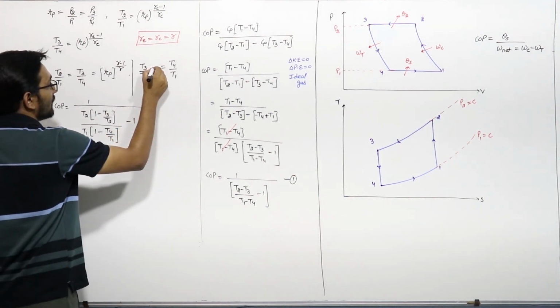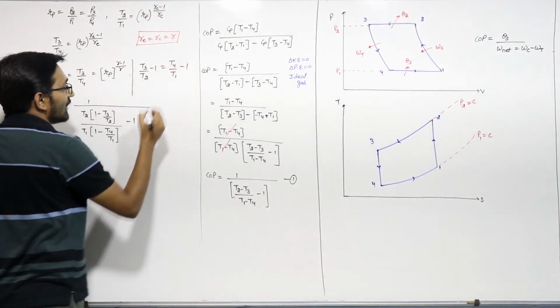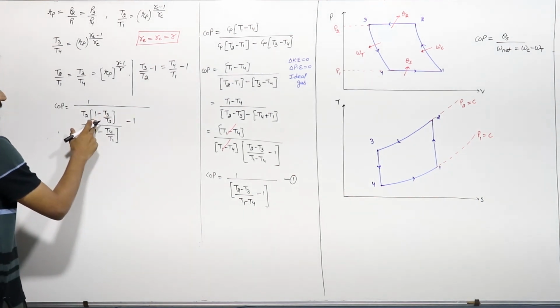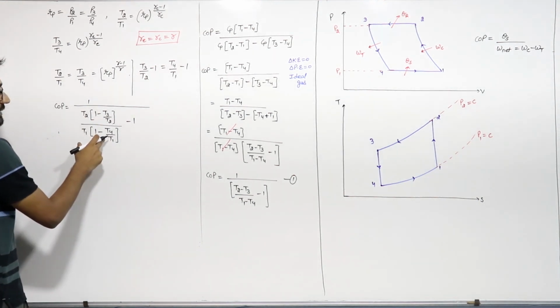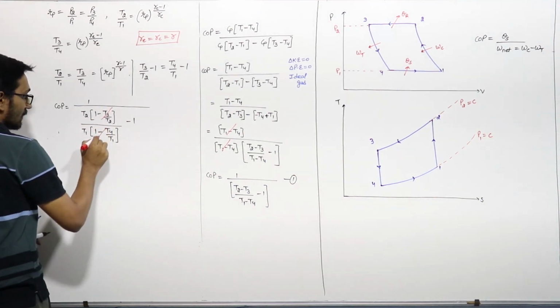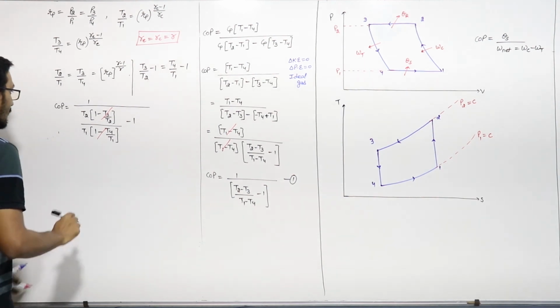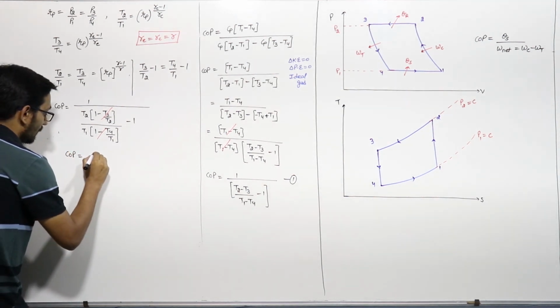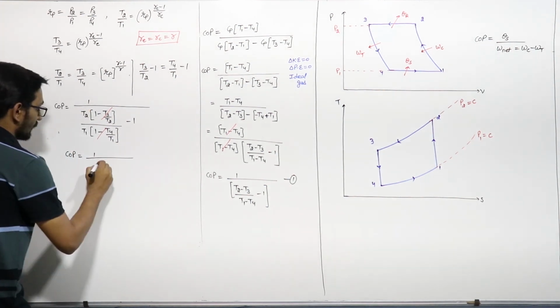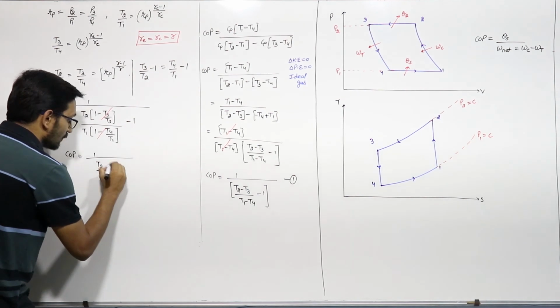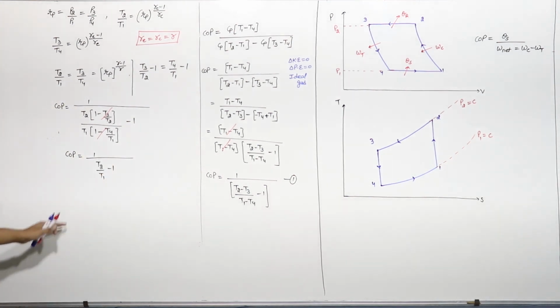If I rearrange this and subtract 1 from each side, then again they are equal, right? So T3 by T2 minus 1 and T4 by T1 minus 1 are equal, so I can cancel these. So COP will be equal to 1 upon ((T2 by T1) minus 1).